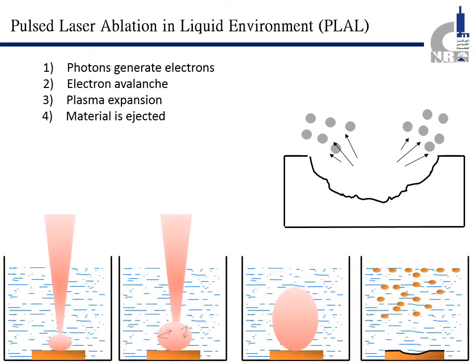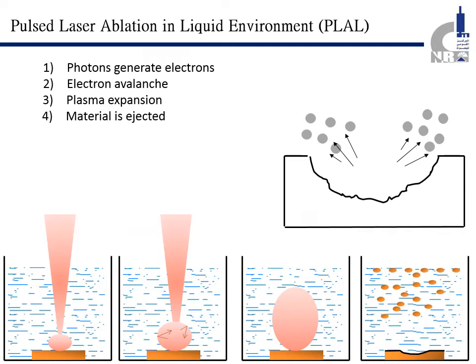While in the case of laser ablation, especially in a liquid environment, once the laser-matter interaction is produced, the front part of each pulse leads to a laser-induced plasma. This plasma expands due to plasma-induced pressure and the generation of a laser shock wave.